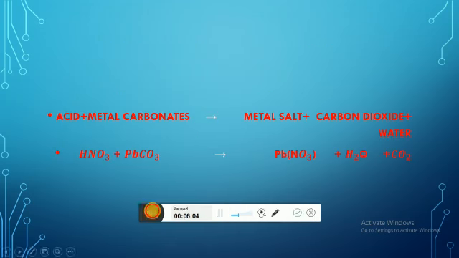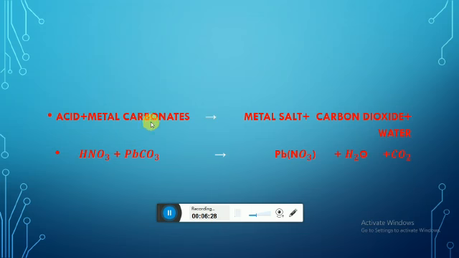These are two equations. The upper one is the word equation and the lower one is the chemical equation. Whenever acid reacts with metal carbonates, on the left side we have the reactants, on the right side we have the products. When acid reacts with metal carbonates, it produces metal salt, carbon dioxide and water. So the acid is HNO3, nitric acid, NO3 is from nitric acid.